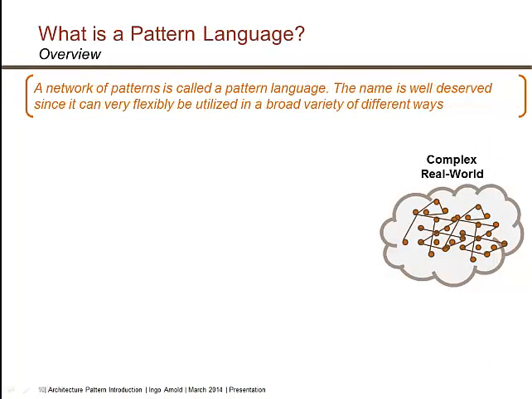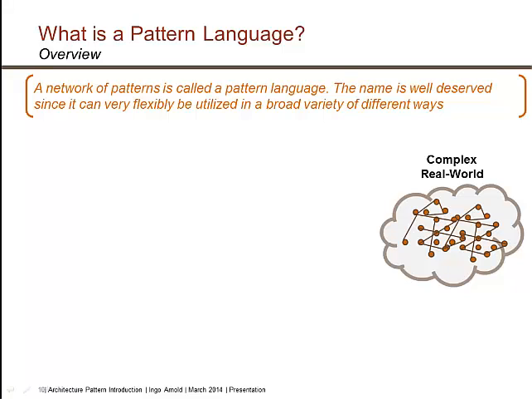The term language is well deserved, since such a network or system of patterns can be traversed, utilized, and applied to a broad variety of complex problems in an overly flexible manner. Very similar to how we can flexibly form an infinite number of correct statements over a human language. But let us first look at this from a broader perspective.